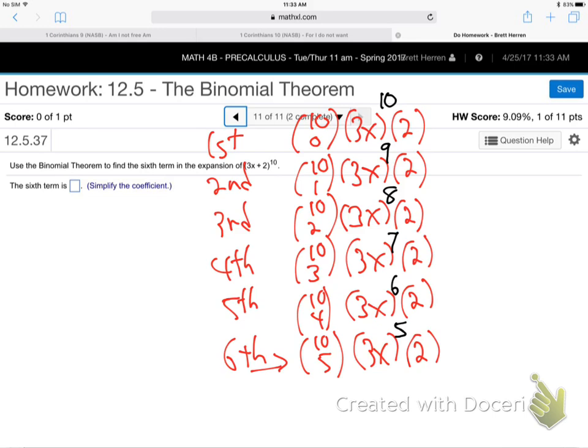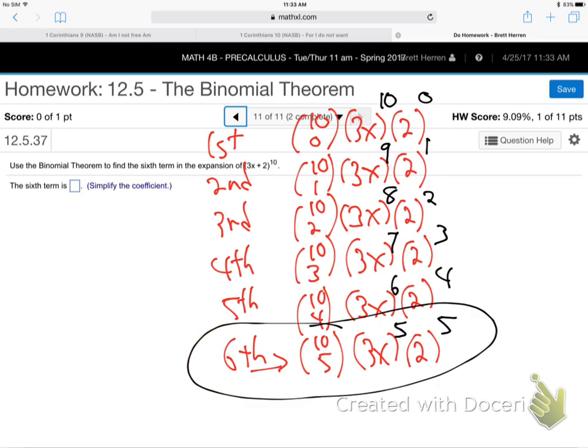Then for the other one, you start at the 0 power, right? 0, 1, 2, 3, 4, 5. So there's the sixth term. Let's just multiply that all out and figure that out. That's the one they want.